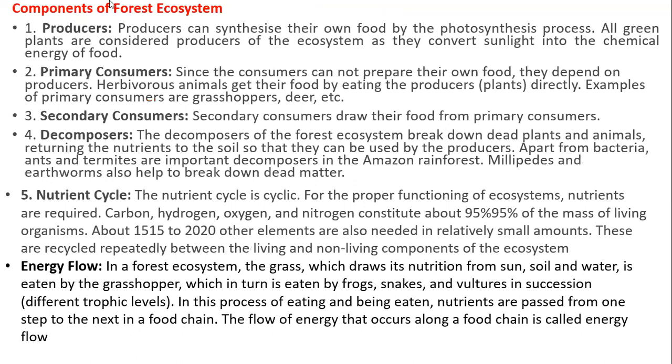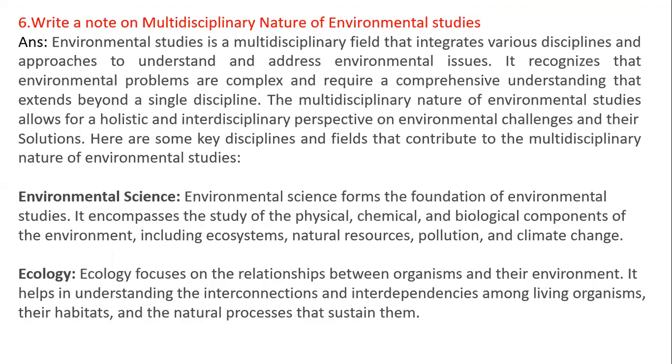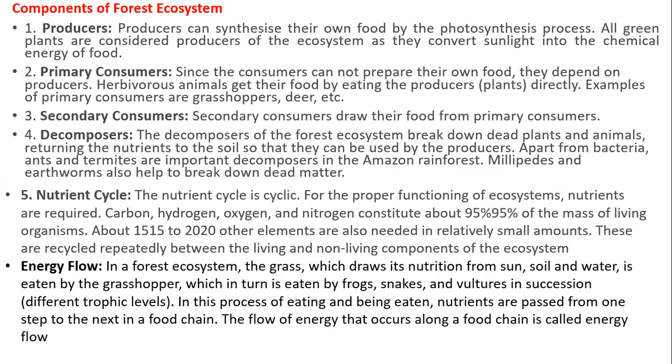So the next one is: what are the components of the forest ecosystem? The main components of the forest ecosystem include producers, consumers and decomposers. Producers basically include the plants, which use sunlight and chlorophyll to produce food through a process called photosynthesis.